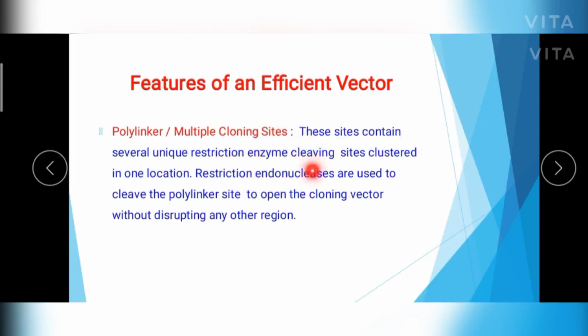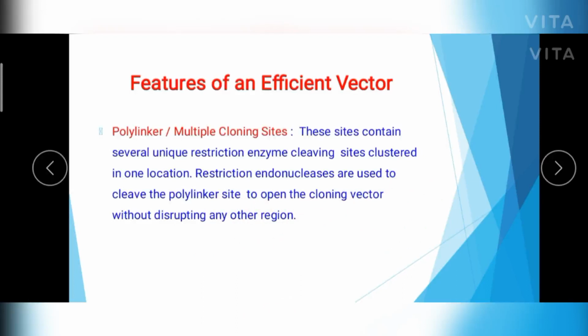So these sites avoid the breakage of the vector into multiple fragments, it will be broken at just one particular site and you will be getting a linear fragment if it is a plasmid. So restriction enzymes are used to cleave this polylinker site to open the cloning vector without disrupting any other region.